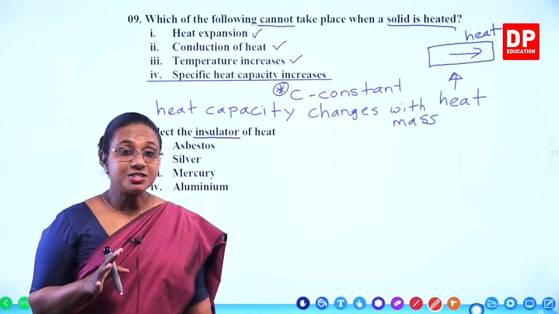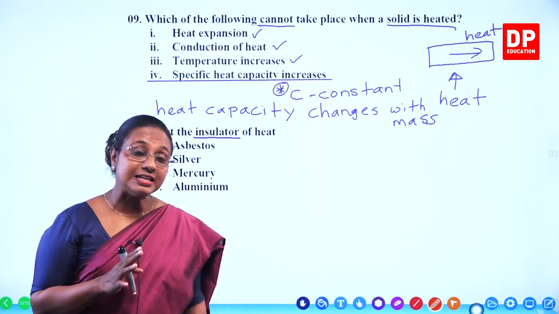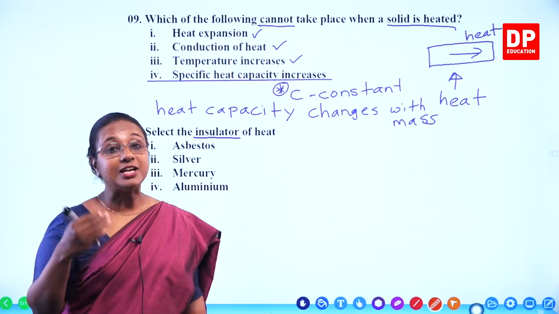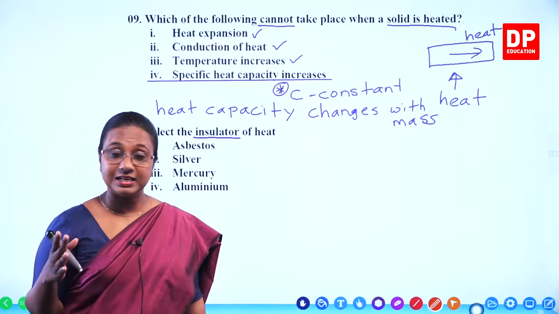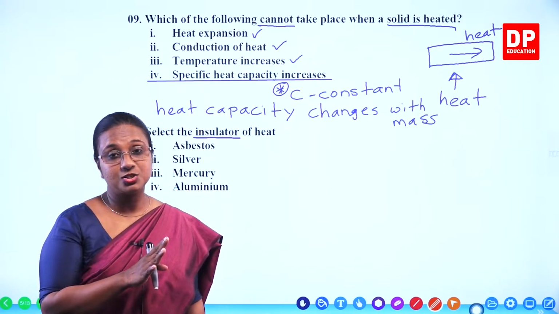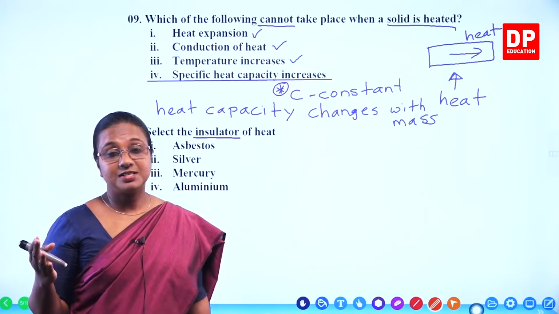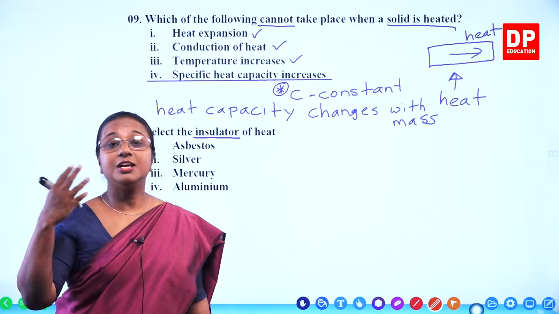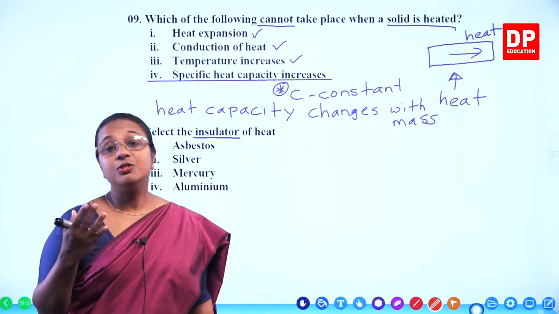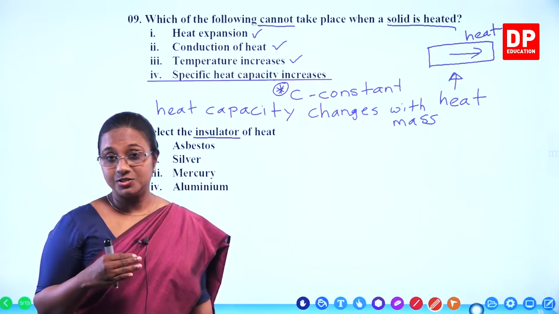The metal structures, the metallic lattice has the atoms that can vibrate as well as free electrons that also can vibrate and conduct heat. So, because of that, they are very good conductors of heat. But other substances like wood, plastic, wool, asbestos, clay.